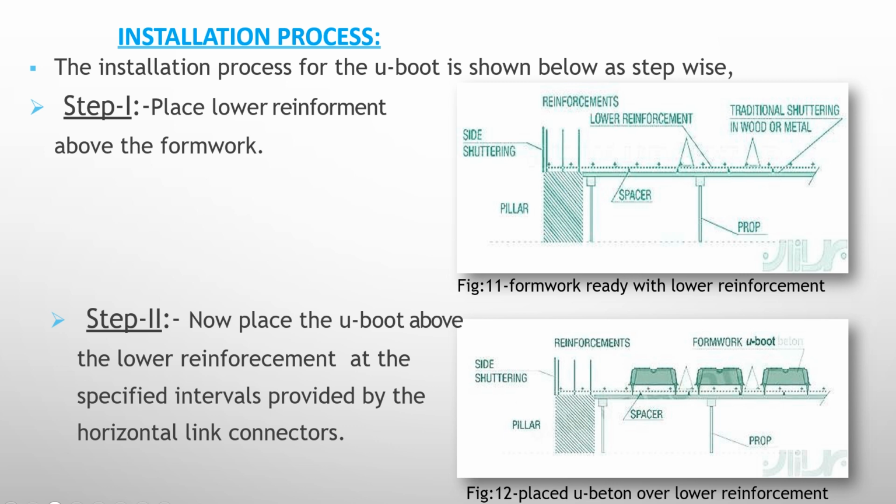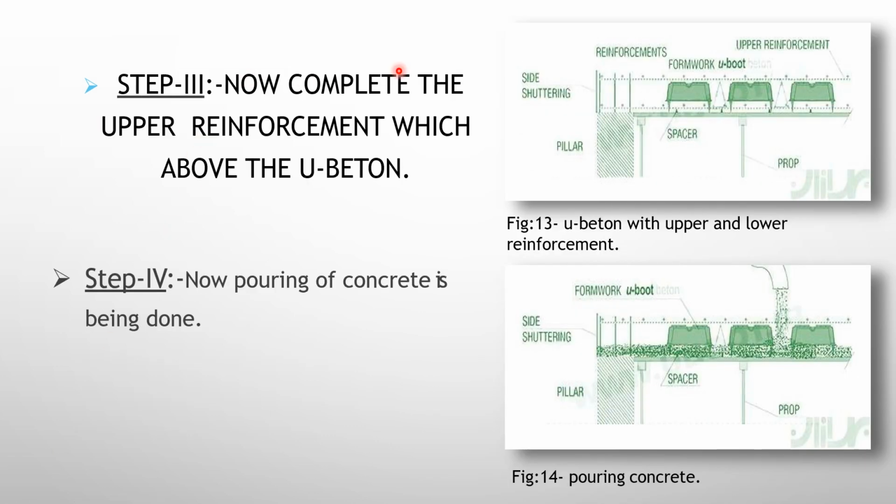Then the next step is to complete the upper reinforcement above the U-Beton. Upper also you place the reinforcement, like you placed the reinforcement below. Then step 4 is pouring of concrete.